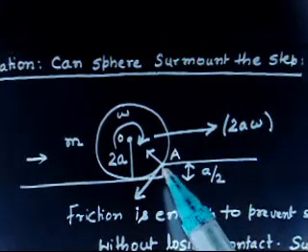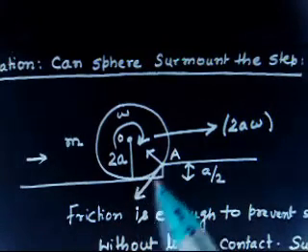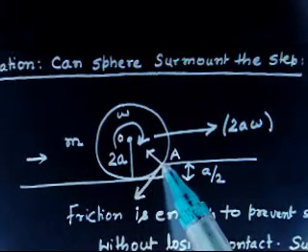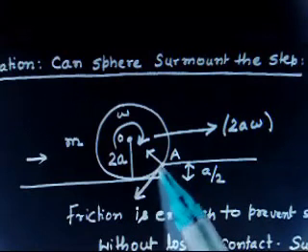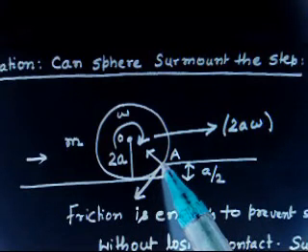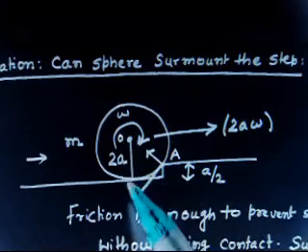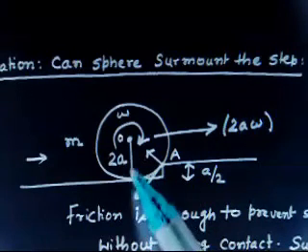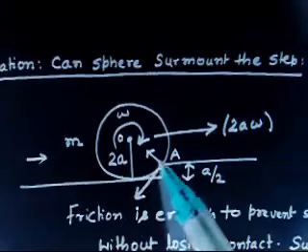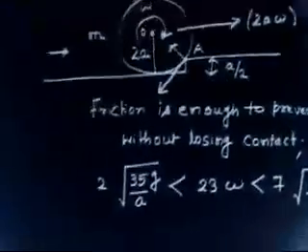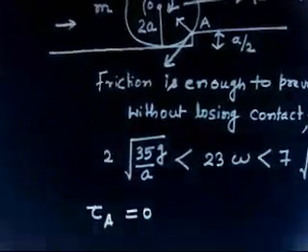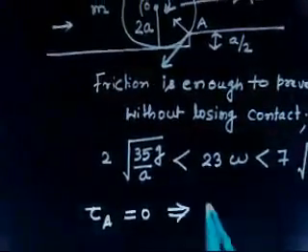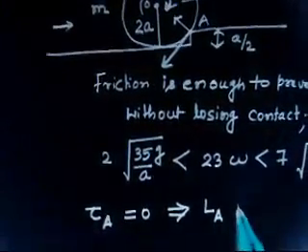Now if you consider this point, these are impulsive forces, friction is impulsive and normal reaction is impulsive, but this passes through point A. So these forces are not going to contribute any torque about this point. The torque of mg is limiting in nature, so I can neglect that torque. So the torque of impulsive forces is 0 with respect to point A. So torque about A is 0. So this implies angular momentum about A is conserved.